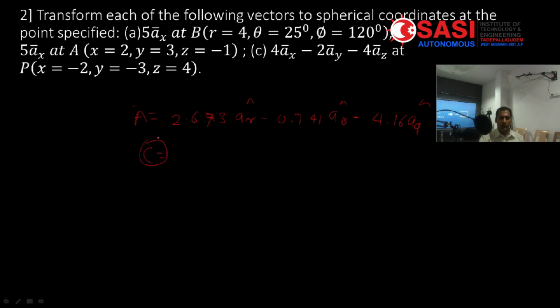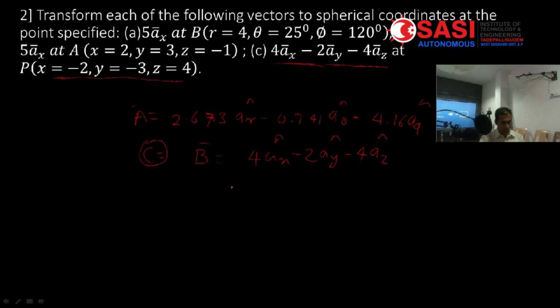Now we'll solve for C. C's question is 4ax cap minus 2ay cap minus 4az cap. We have to transform it for another point P given at this location. So let us consider it as vector B. Let B bar be equal to 4ax cap minus 2ay cap minus 4az cap.